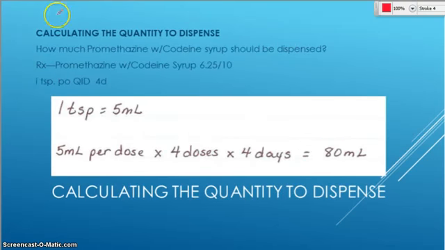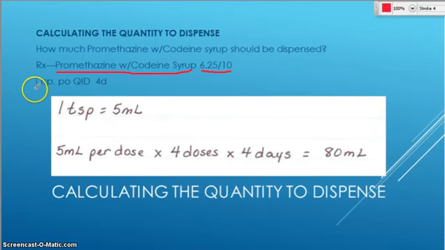Here's another one where we're calculating the quantity to dispense. Remember, we always want to use those common measurements. On this one it says how much promethazine with codeine syrup should be dispensed. This is the prescription. We're going to dispense promethazine with codeine syrup, and this is the strength. 6.25 per 10 tells us how much promethazine and how much codeine is in every teaspoon of the syrup.